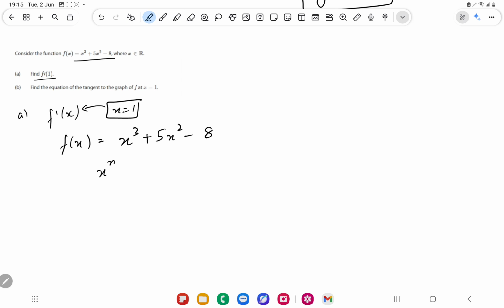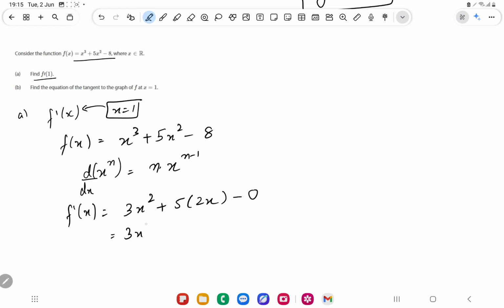Now I will be using the d by dx of x to the power n as n x to the power n minus 1 formula. So I can write f dash x will be 3x square, 5 common, x square derivative is 2x, and constant derivative is 0. So from there I'll get this as my f dash x.